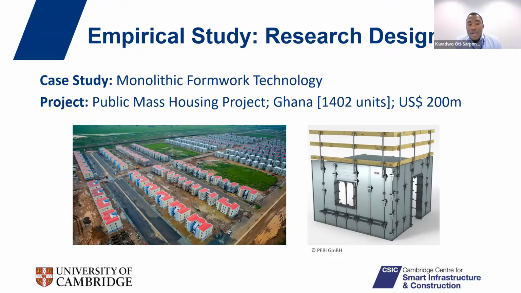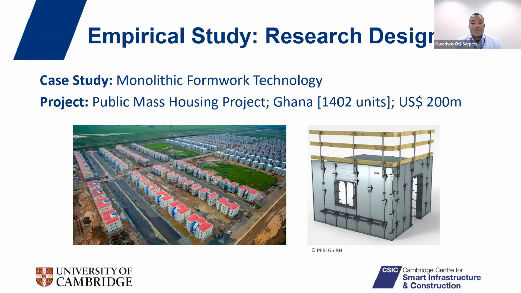This was brought into Ghana to be used on a public mass housing project, which was expected to produce over 5,000 housing units, but was later revised downward to about 1,400 housing units at the price of $200 million US. It was a government-led project with funding from other foreign bodies.